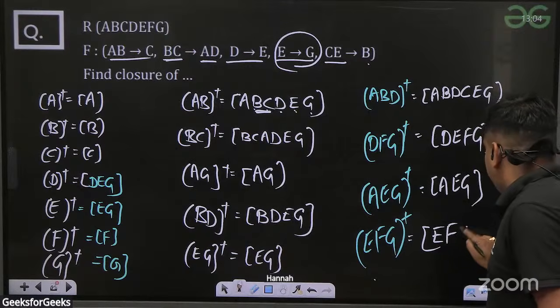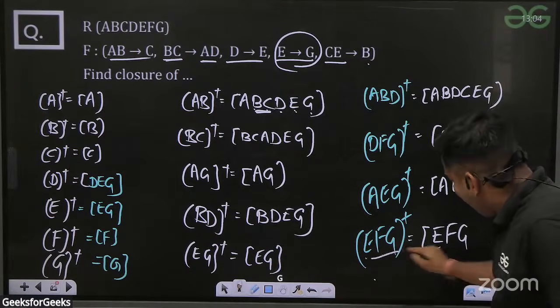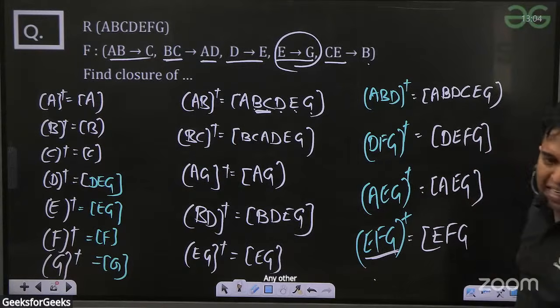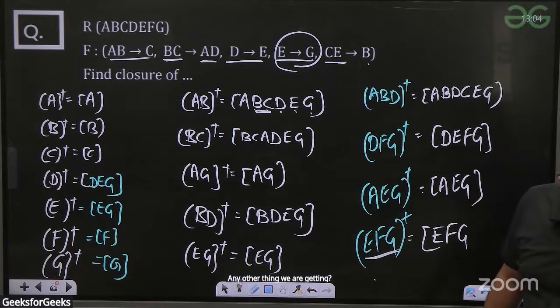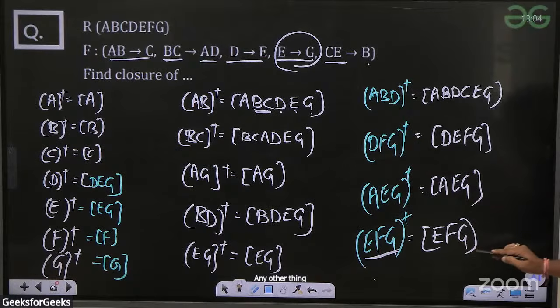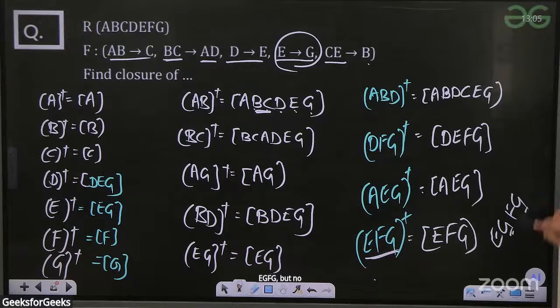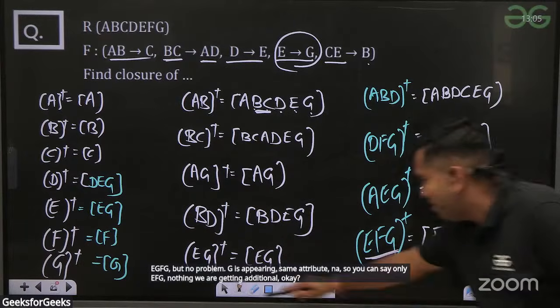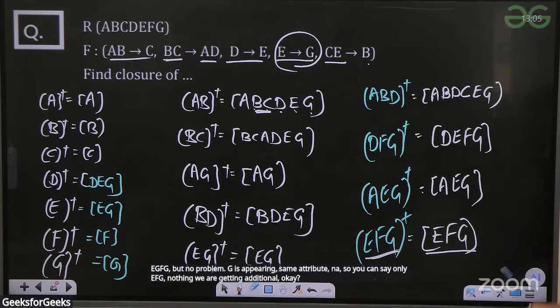F, G, so EFG. Any other thing we are getting? Some of you wrote EGFG, but no problem. G is the same attribute appearing again, so you can say only EFG. Nothing additional. Okay. Getting?